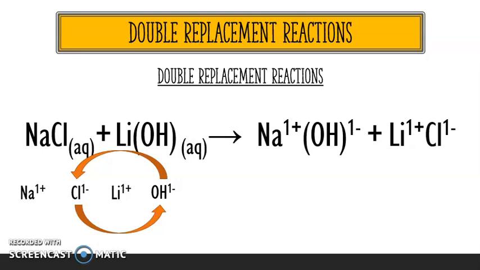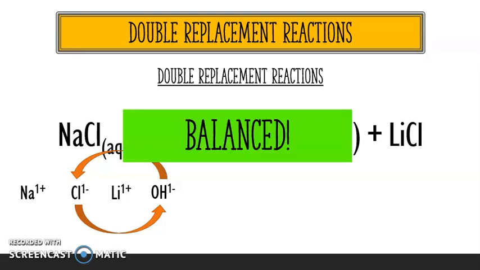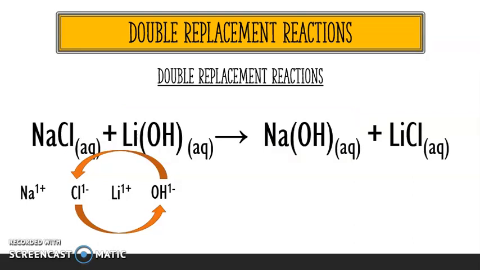Make sure that you crisscross your two new compound formulas. Luckily, since everything is a combination of ones, so will be our subscripts, so those can just disappear. I want to make sure that we're balanced, and luckily this is a very simple equation. It is already balanced. And then the last step, of course, would be then to supply the state symbols.